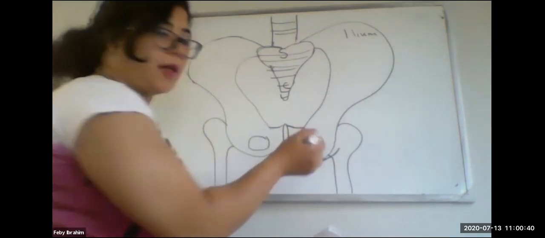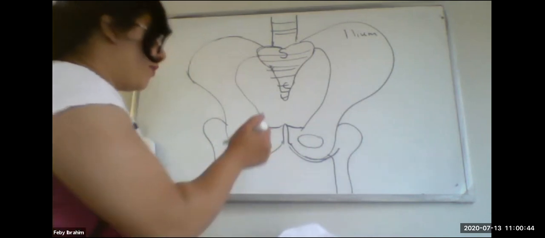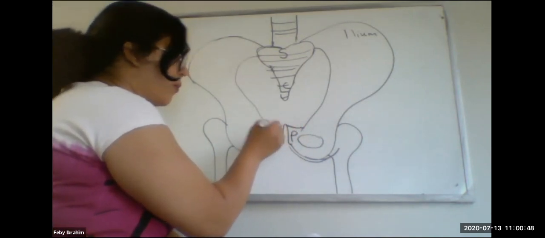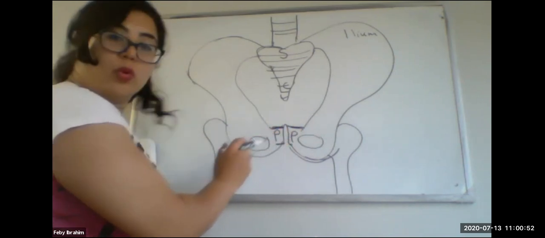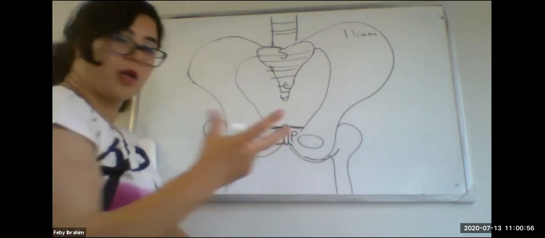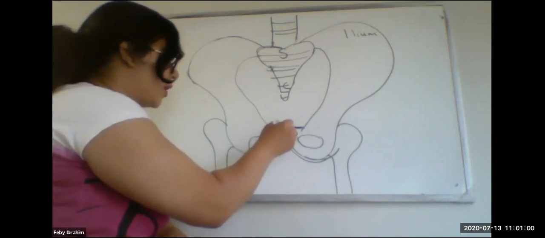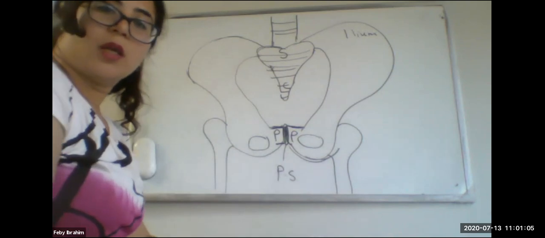The ischium is the bone that we sit on. And then we have the pubic bones, one pubic and one pubic. The pubic bones are merged together by cartilage, and this cartilage is the pubic symphysis.